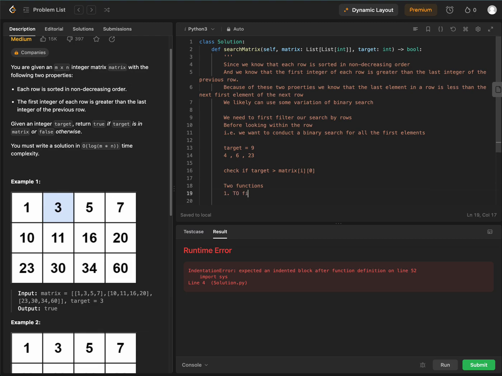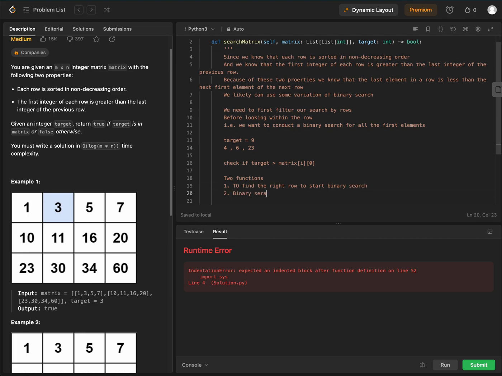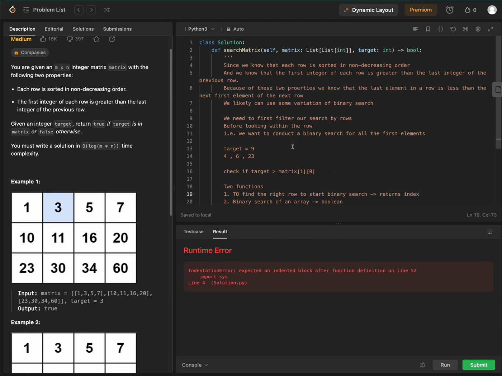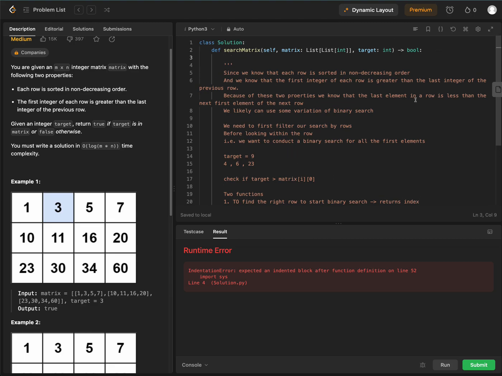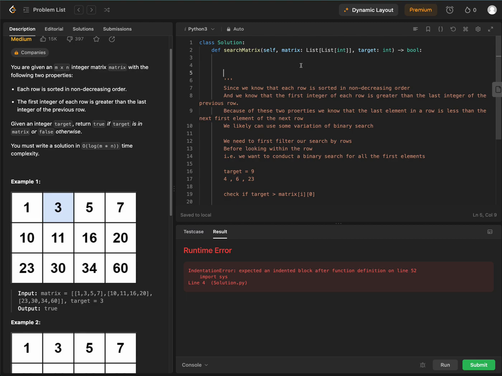One, to find the right row to start binary search. Two, binary search, a row search of an array that returns a boolean, right? This one returns boolean, this one returns index, right? Okay, so without further ado, let's start implementing this question.